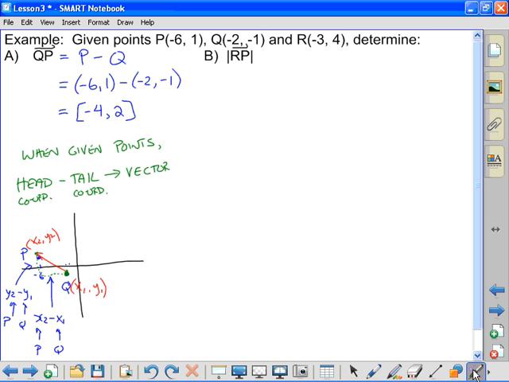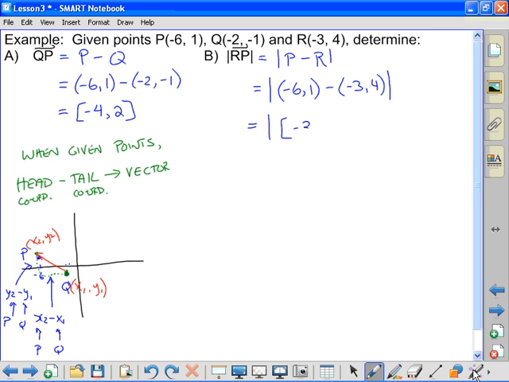So for part B then, I want to find the magnitude of point P minus point R. So the magnitude of P, -6, 1, minus, and again, it's coordinates. And I need to maintain that magnitude symbol. Now I'm going to subtract the 2 points, which will result in a vector.